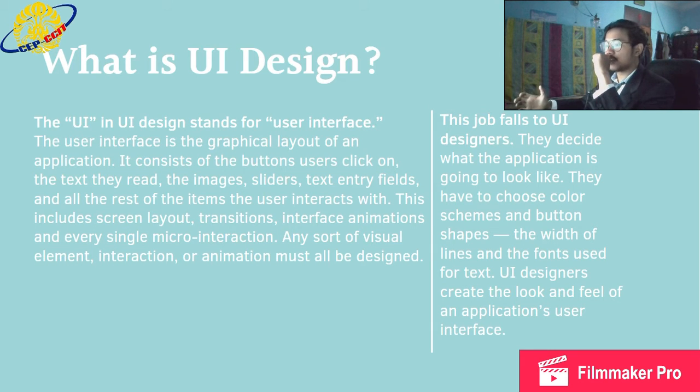This includes screen layout, transitions, interface animation, and every single micro interaction. Any sort of visual element, interaction, or animation must all be designed. This job falls to UI designers. They decide what the application is going to look like. They have to choose color schemes and button shapes, the width of lines, and the fonts used for text. UI designers create the look and feel of an application's user interface.